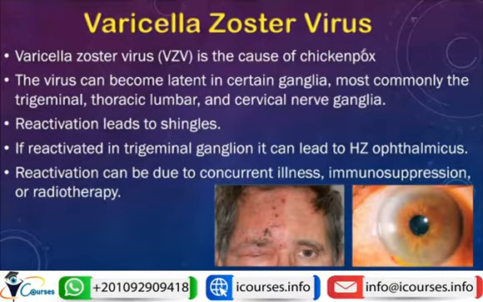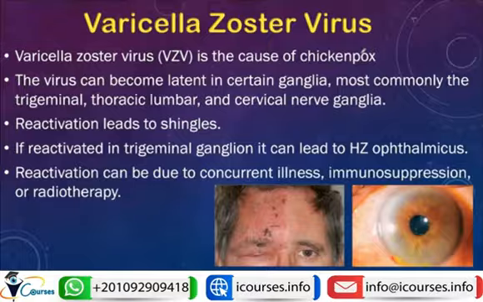This is caused by the varicella zoster virus. It will last about 2 to 3 weeks, then it will improve, and the virus will become latent in the ganglia. So the virus is not killed, but it is present in the ganglia, specifically the thoracic, the cervical, and the trigeminal ganglia.